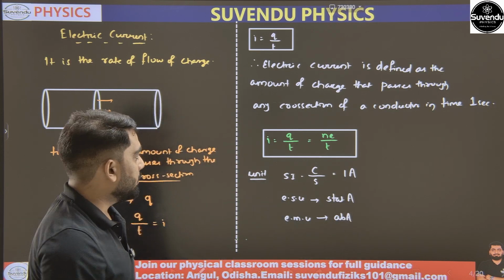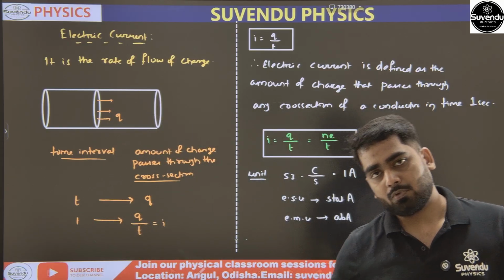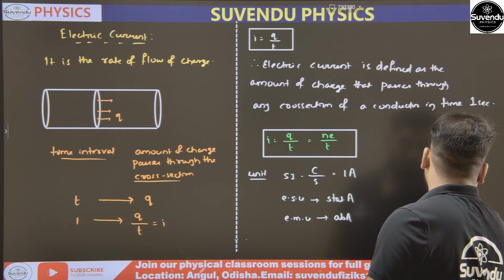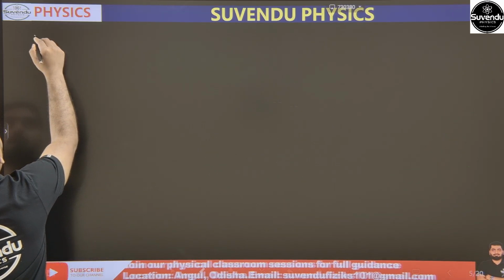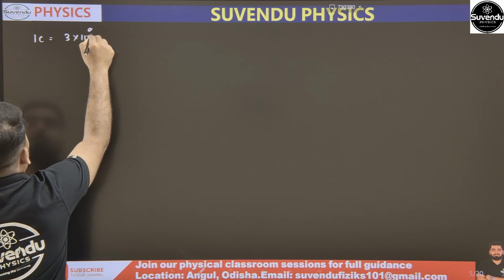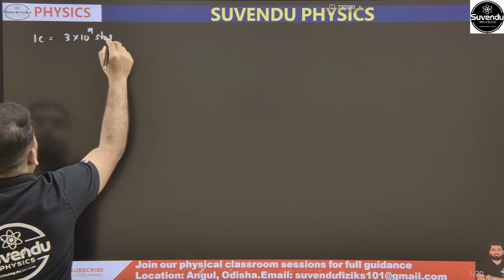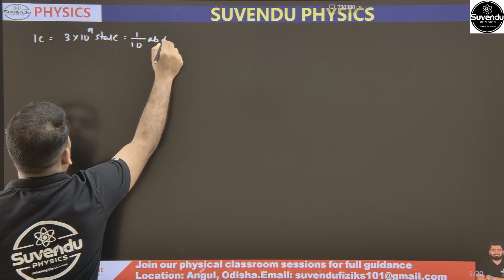And we can easily write the relationship between ampere, stat ampere and ab ampere. How can we write it? Now see. We know 1 coulomb is equal to 3 into 10 to the power 9 stat coulomb, which is equal to 1 by 10 ab coulomb.